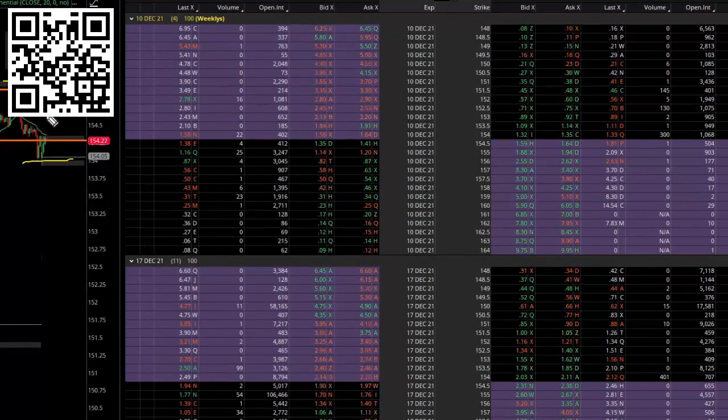For the bull case, we need a higher high. Otherwise, if we make a lower high and break down below today's lows of the day, then we go for lower highs, lower lows, and the trend will be down. So let's keep some more patience.